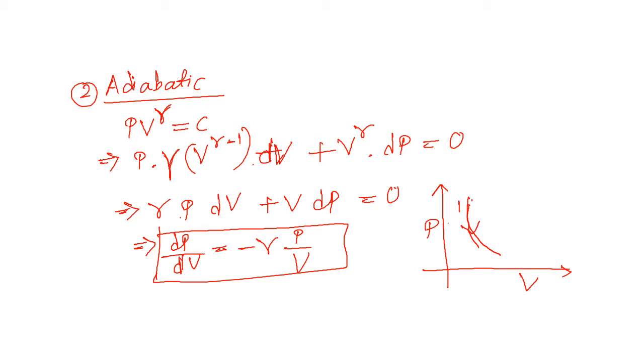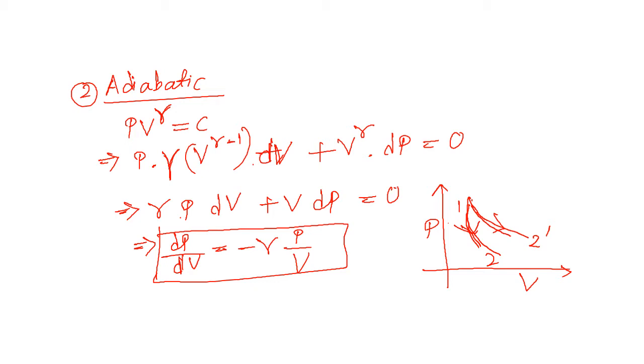This is for adiabatic, and for isothermal it is like this. The adiabatic curve is steeper than the isothermal curve on the PV diagram. The slope of the adiabatic curve is gamma times that of the isothermal curve.